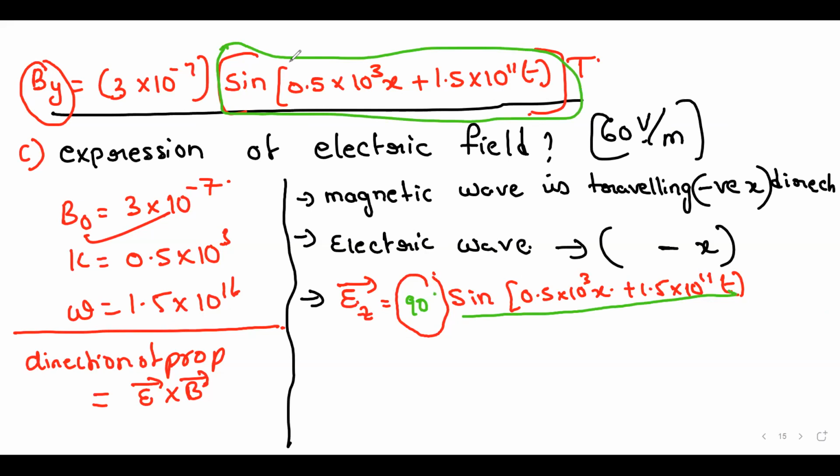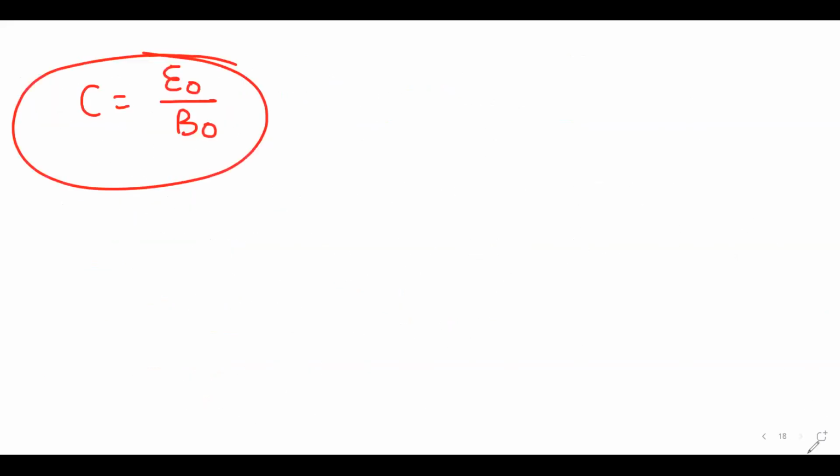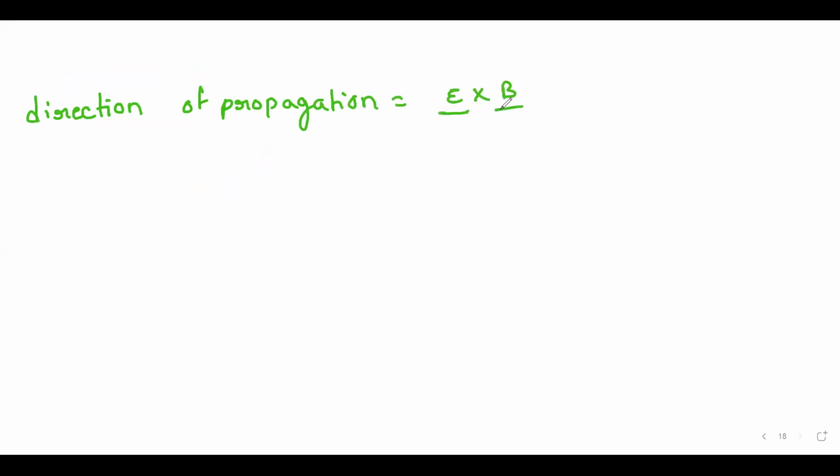So here are important formulas to remember. See, the direction of propagation is E cross B. Direction of propagation is E cross B. See here, E and B are just directions.